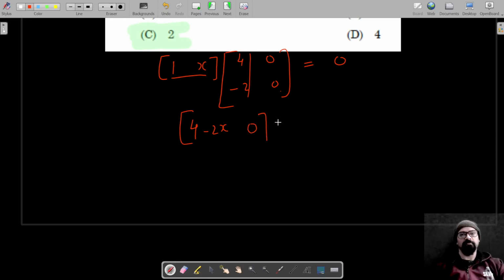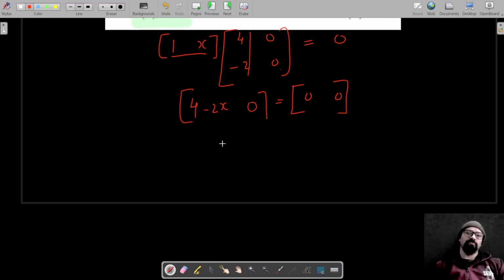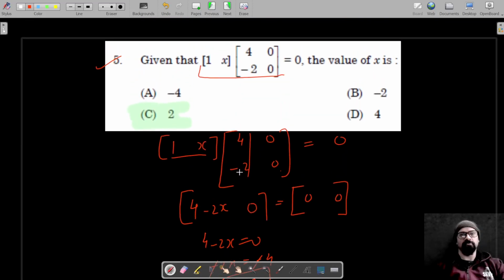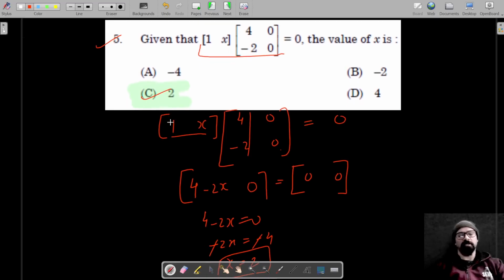So this is 4 minus 2x, 0, which is equal to the null matrix. So the elements should be 0. So 4 minus 2x is equal to 0. So negative 2x is equal to negative 4, which gives me x is equal to 2. So C is the correct answer for this one.